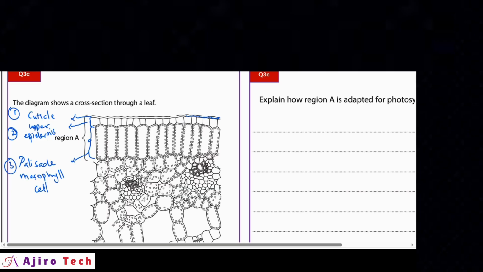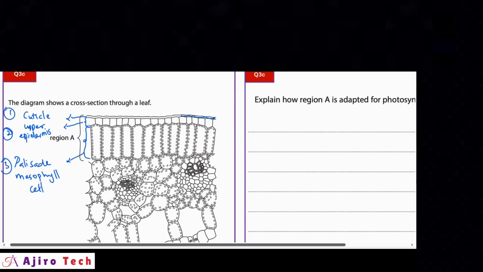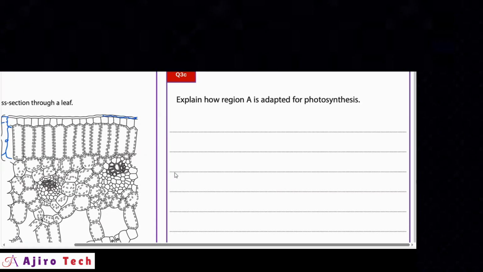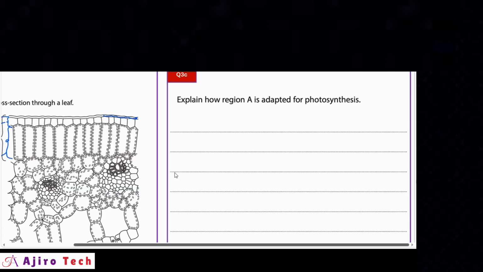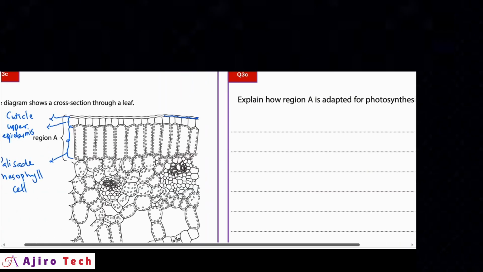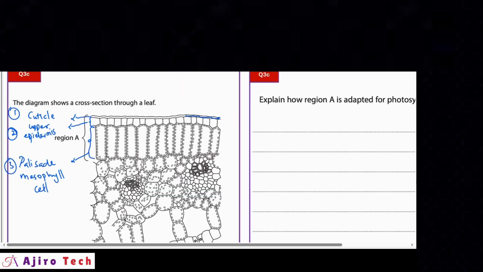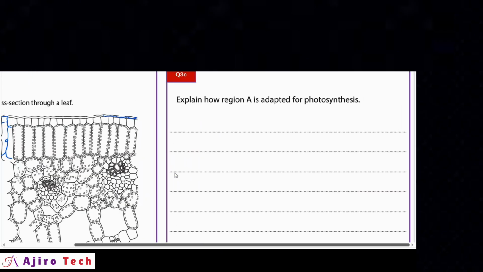Question 3C says explain how region A is adapted for photosynthesis. It's going to be 3 marks because region A is made up of 3 layers, so we are going to explain how each layer is adapted for photosynthesis.